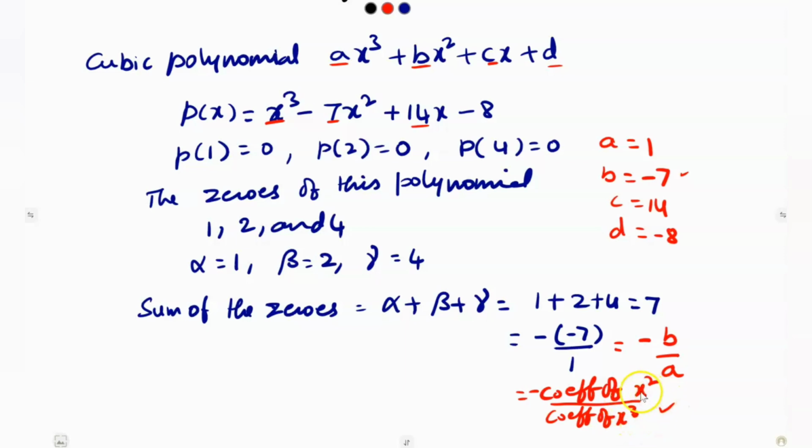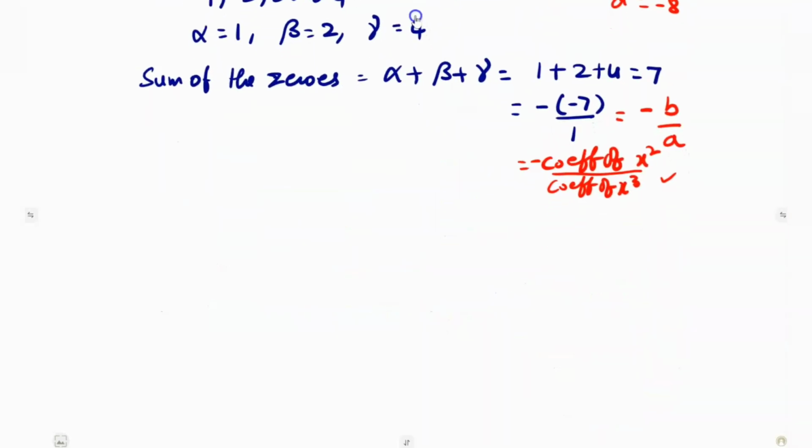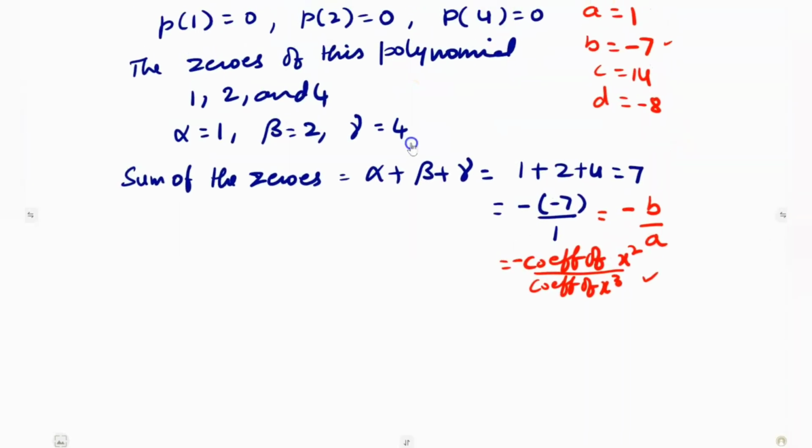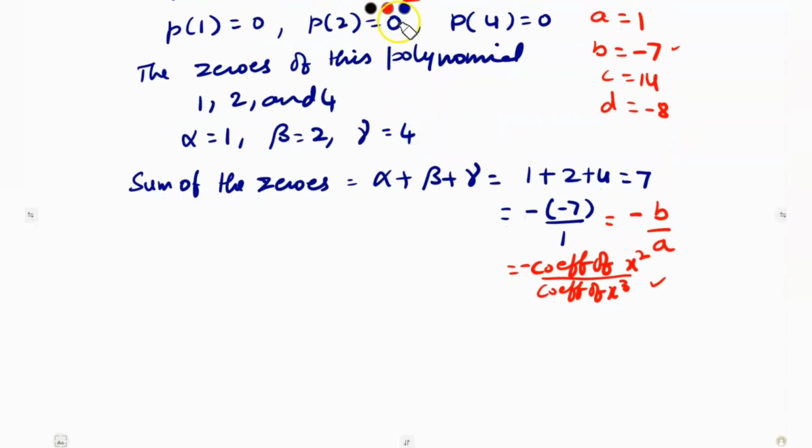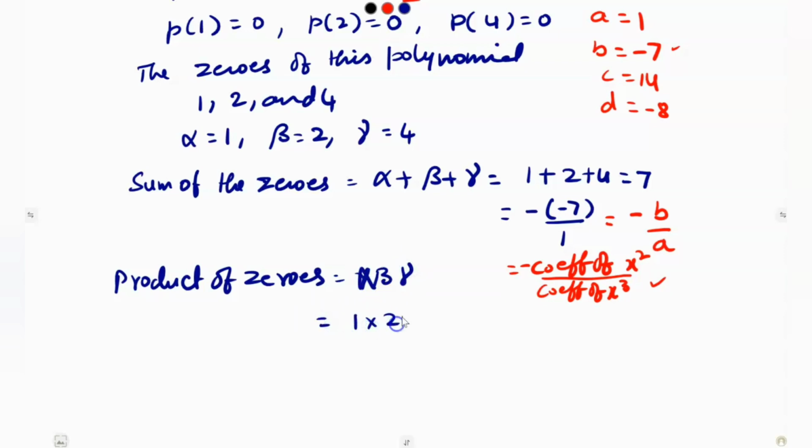Now let us find the product of the roots. Let me show you up to here so that we can have the values of a, b, c, d. Now let us take the product of the zeros, which is alpha into beta into gamma, which is equal to 1 into 2 into 4, which is 8, right?